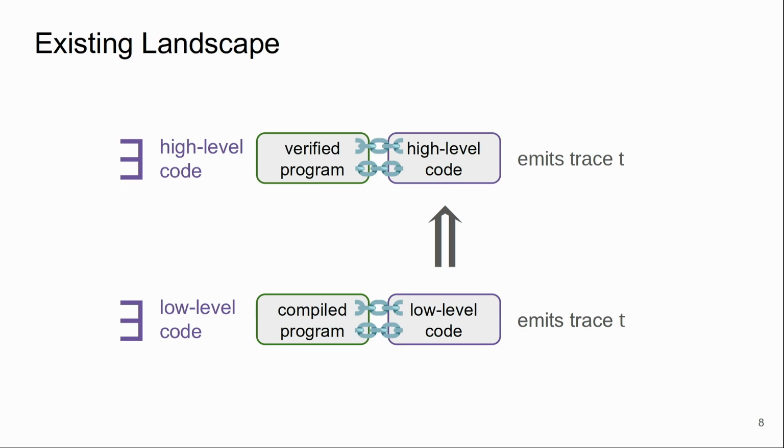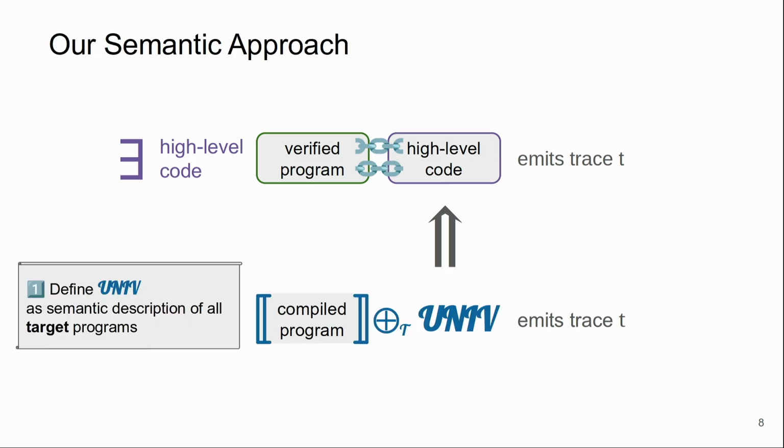Remember, this was the existing landscape, where robust safety preservation was formulated as a property on the syntax of programs. Our semantic approach starts by defining a universal contract for the target language, which is a semantic description of all possible target programs. This idea is by far not new.